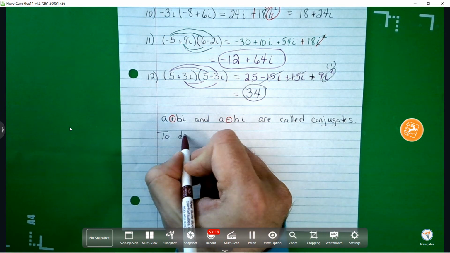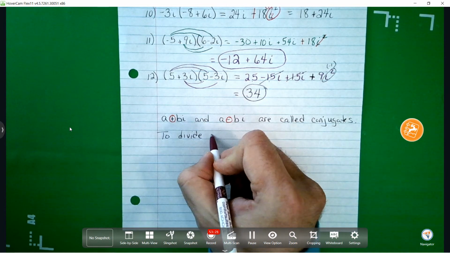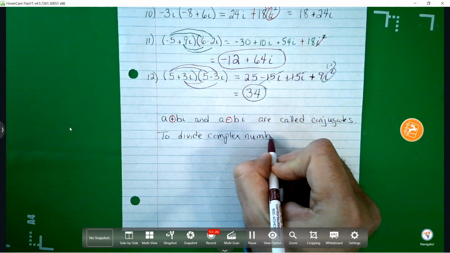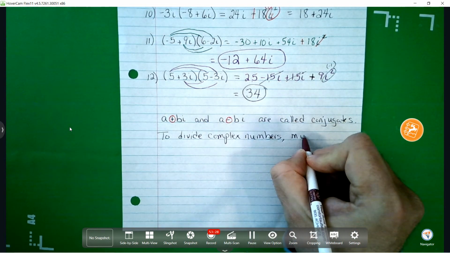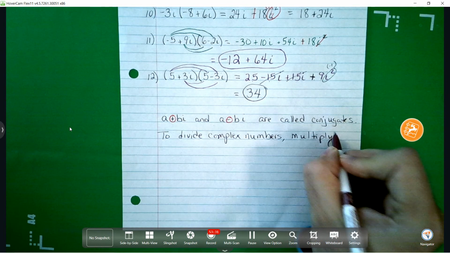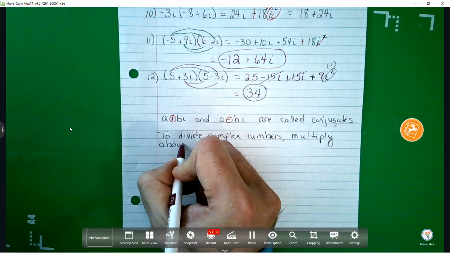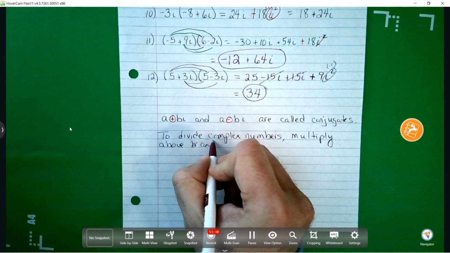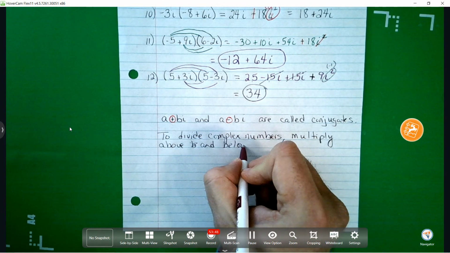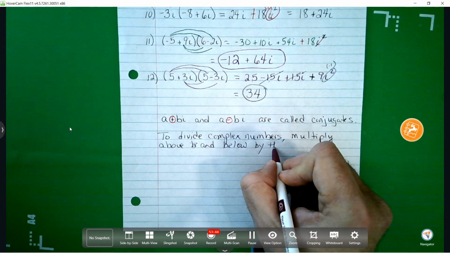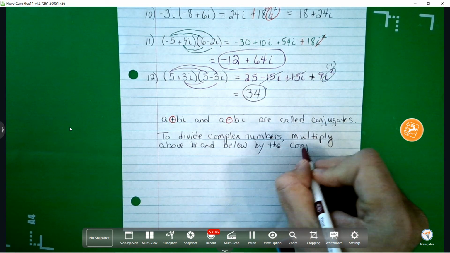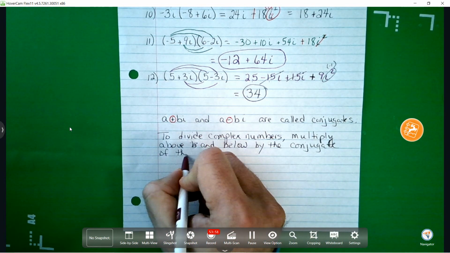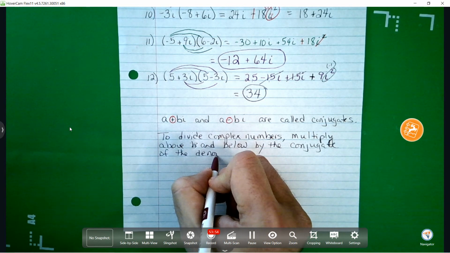To divide complex numbers, multiply above and below, and the problem is going to look like fractions, above and below, by the conjugate of the denominator.